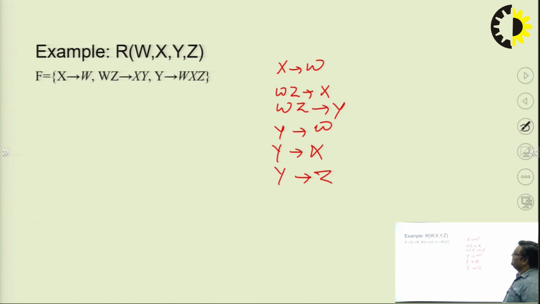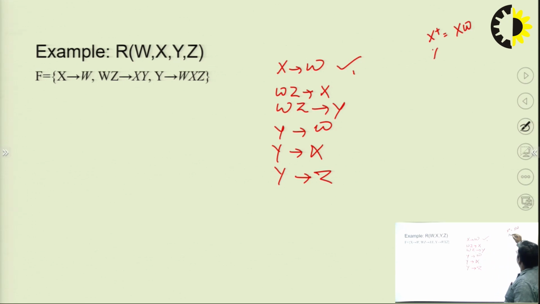First we have to check whether each is extraneous or not. We find the closure of X, which is X itself and W. If we remove X to W, what do we get from X?